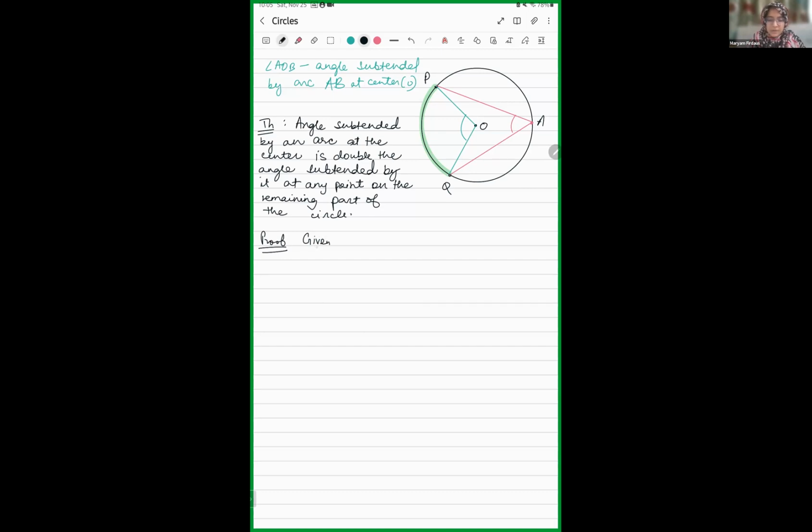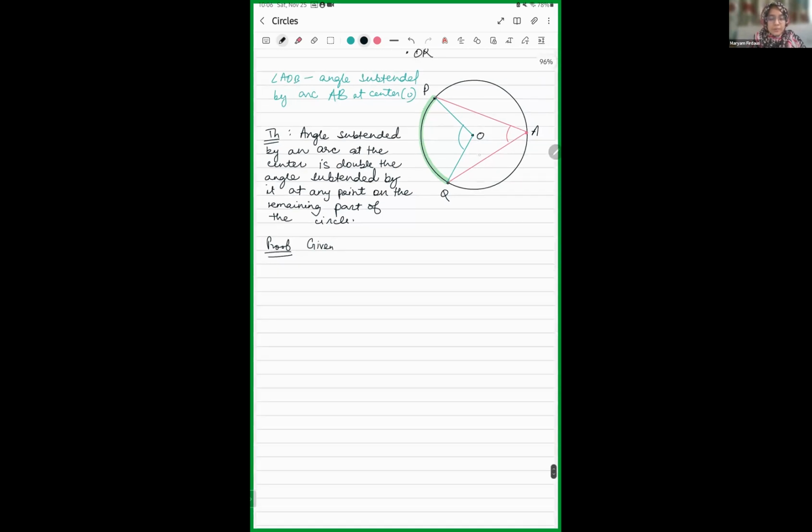Given we have a circle with center O and PQ is an arc. The arc PQ subtends angle POQ at the center and angle PAQ at the point A on the remaining part of the circle. So we have to show that angle POQ is twice of angle PAQ. Okay.